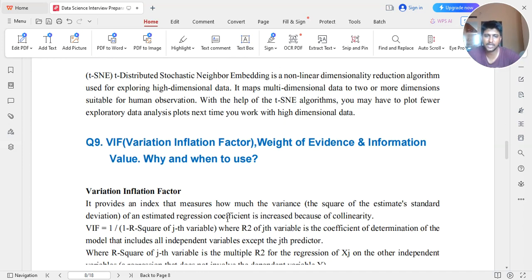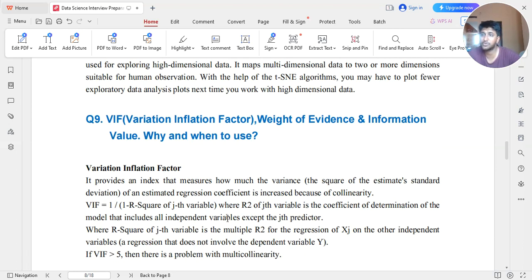They may ask about VIF, like during logistic regression: why and when to use it? VIF is the variance inflation factor. It provides an index that measures how much the variance of an estimated regression coefficient is increased because of collinearity.